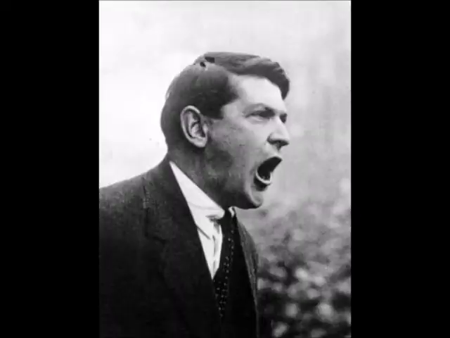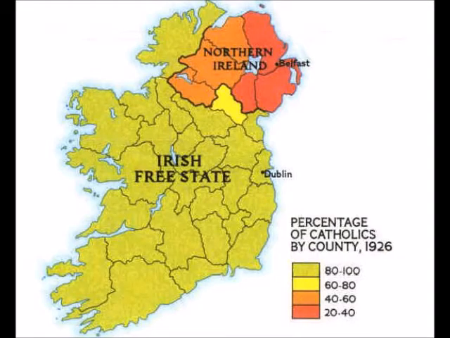Finally, after World War I was over, in 1922, in a treaty established between Britain and the Irish Republic, most of Ireland became independent, became known as the Irish Free State, or the Republic of Ireland, or Eire.